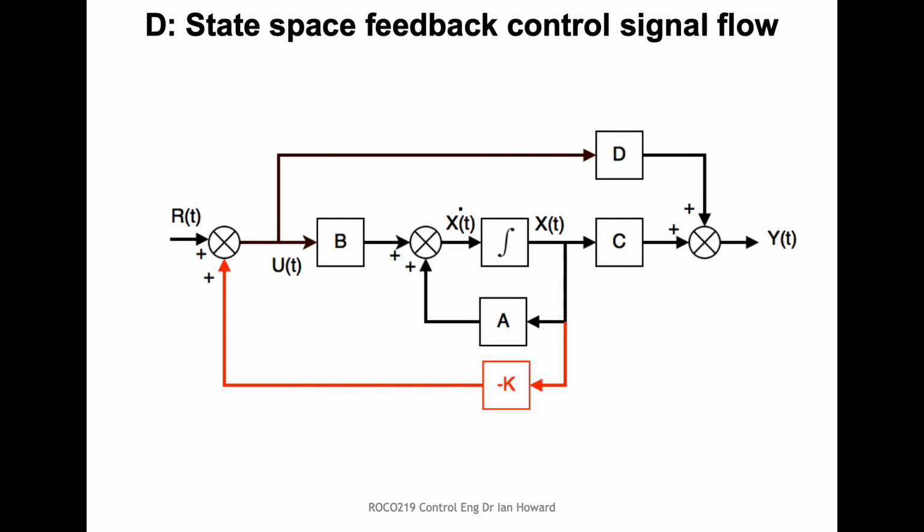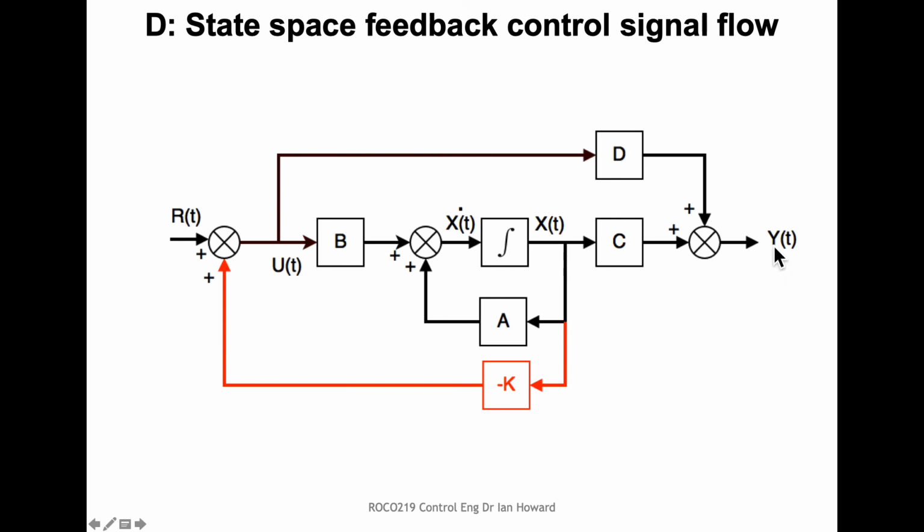It's going to be Ax. So if this is x dot, we need an integrator to get to x. Here's x, so we feed that through A. So first of all, this is the Ax component, and we add on the u coming through here multiplied by B. So this is Bu. So this is going to be Ax plus Bu equals x dot. We integrate x dot and we get x.